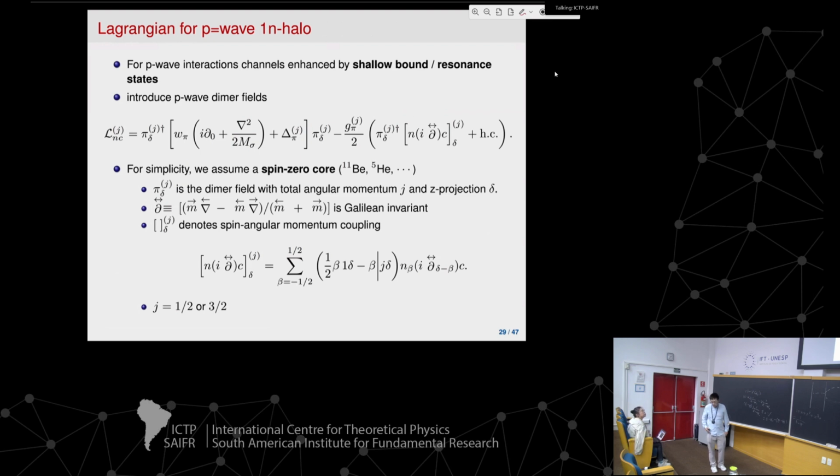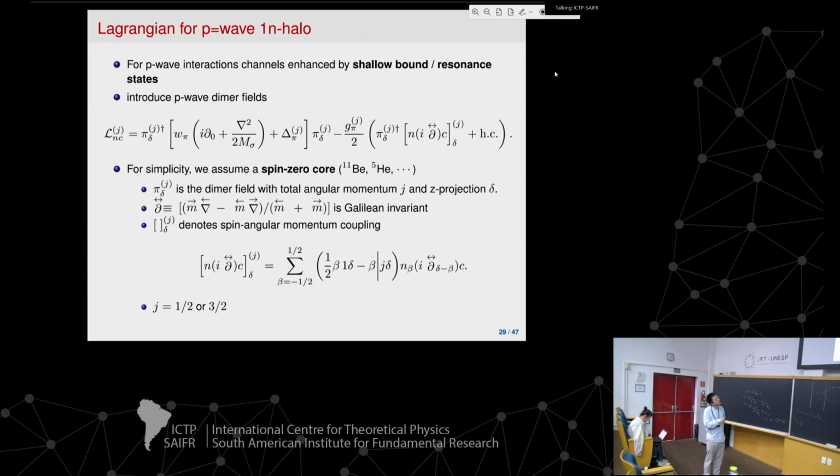So for these P-wave interactions, we need to write the Lagrangian for the neutron-core interaction in P-wave. This is written in two terms, where the first term is still the dimer field for the P-wave neutron-core two-body field. So it has a kinetic part plus a static residual part.